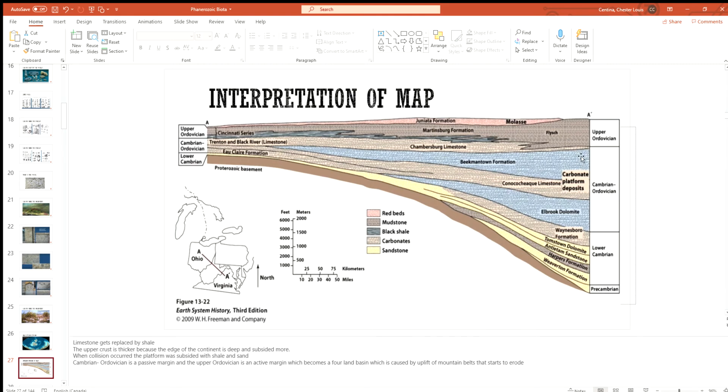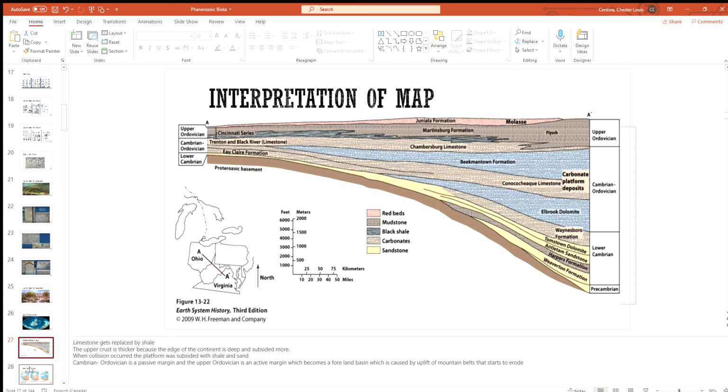Cambrian to Ordovician is a passive margin, and the upper Ordovician is the active margin, and then it has a foreland basin. It causes the uplift and erosion here, and the mountain belts come up because of that collision.